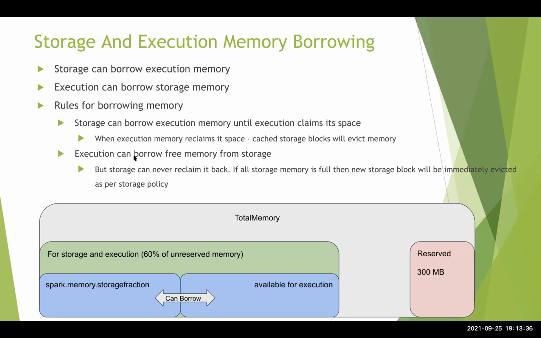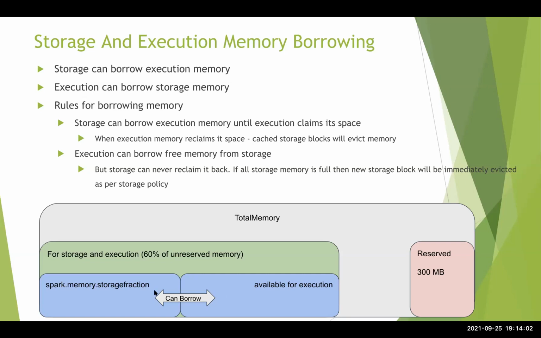Execution can borrow free memory from storage, but storage can never claim it back. When execution has more data and has borrowed some of the storage memory, and storage then increases, storage can never claim it back. If storage memory is full, then a new storage block will be immediately evicted as per the storage policy. The storage policy is disk only or off-heap, whatever storage policy you set, it will go into that.